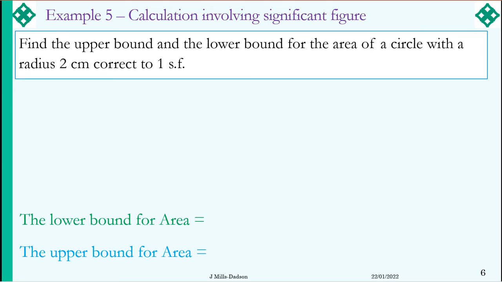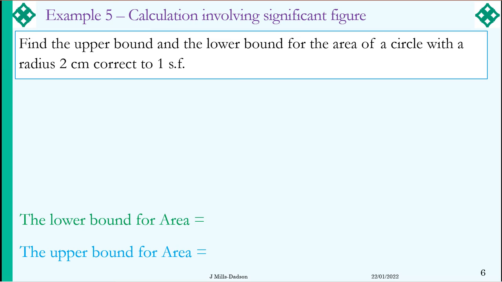Significant figure question. Find the upper bound and lower bound for the area of a circle with a radius 2 cm, correct to one significant figure. Now, what I need students to understand here is that in doing boundaries, only actual measurements should be changed using bounds.